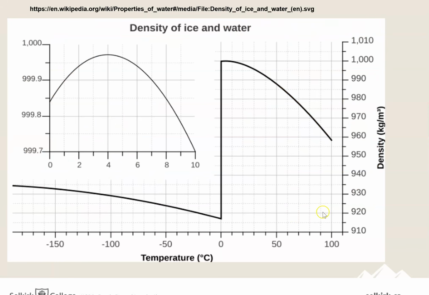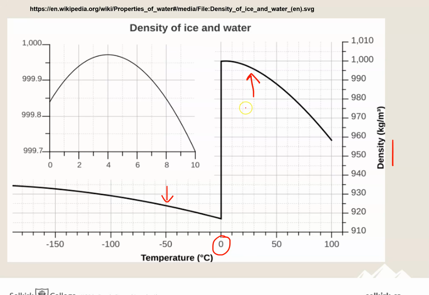One last slide to tell you about water. This is to show you, again, the density of water at different temperatures. And below 0 degrees Celsius, the density of ice is lower. When it melts to become liquid, the density increases.